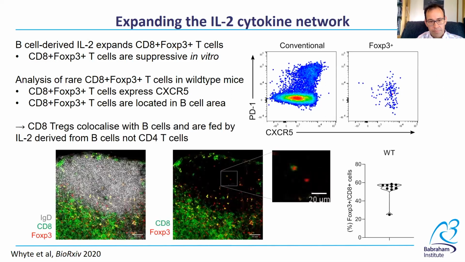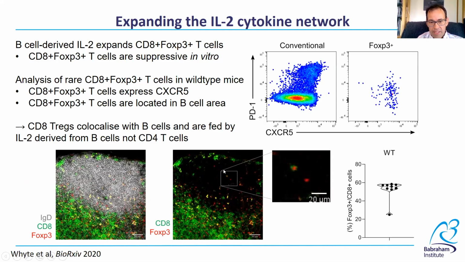And now by immunofluorescence, we can look at a follicle and we can see the B cell zone. What we have below is immunofluorescence. The B cell zone is in white with IgD, and then we've just removed the IgD on the right-hand panel so that you can see it a bit more clearly.